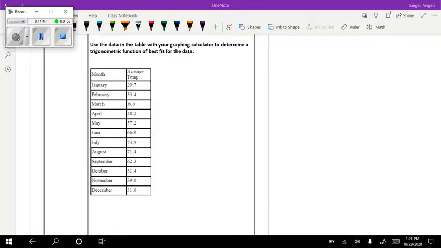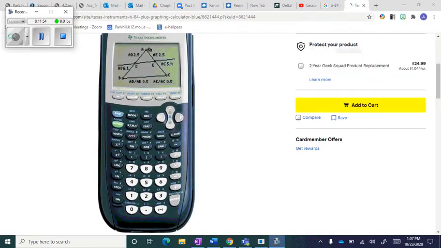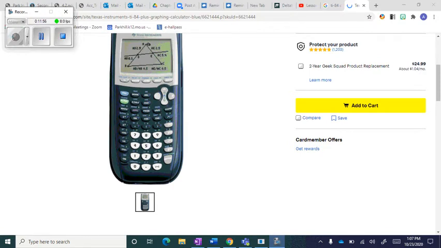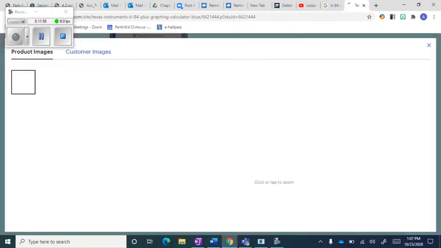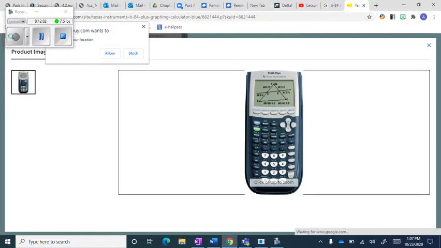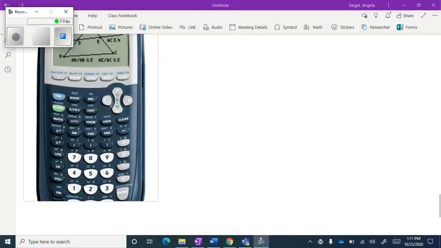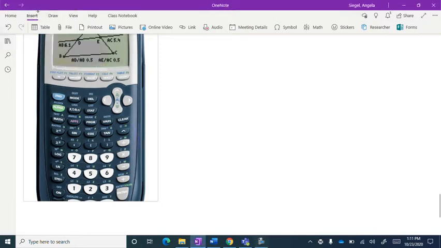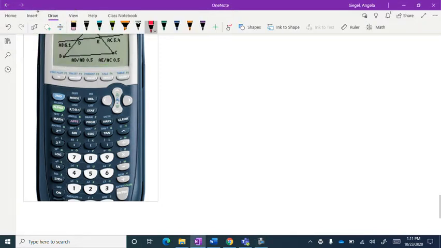Okay, for this section, we are going to use our calculator. You will need a graphing calculator for this. I am at Best Buy's website, and I just grabbed their picture on here. We are looking at this calculator, and we are going to go to this button right here.